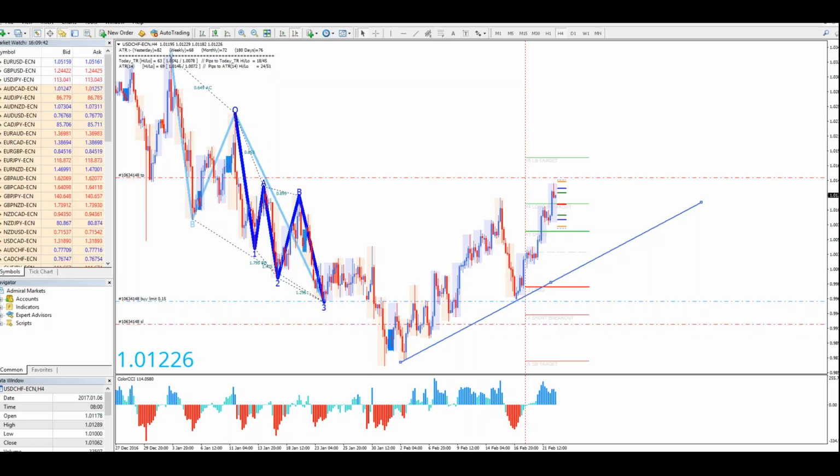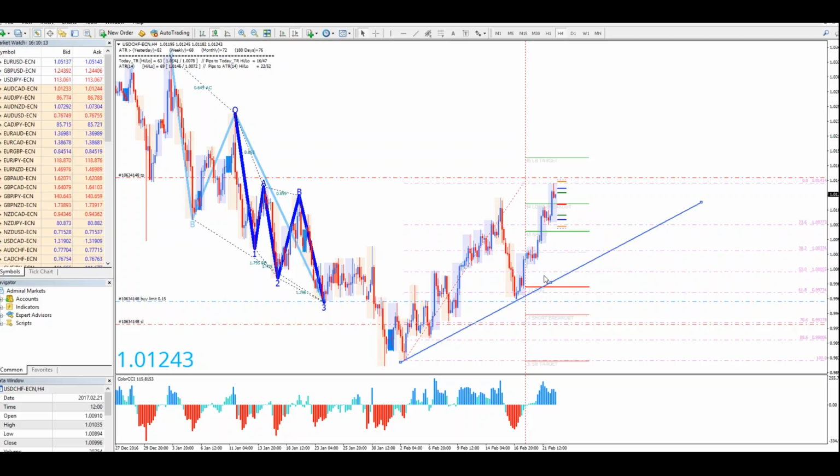Now, let me insert Fibonacci retracement. We will use this from the swing where it started, the double bottom here. Now guys, watch this. For me, there is much better confluence here, where I put the buy limit order, than here.